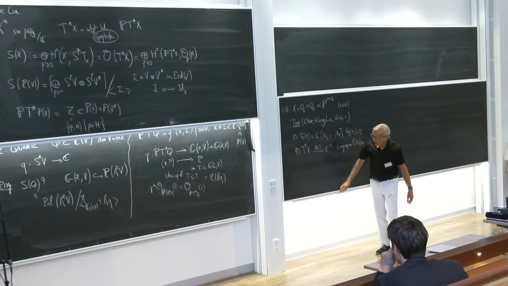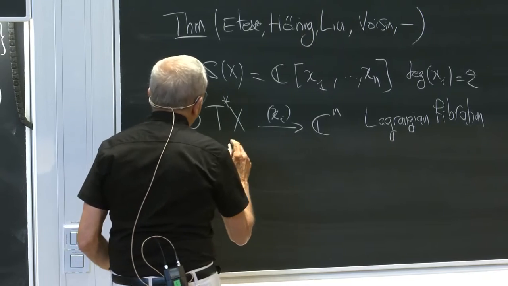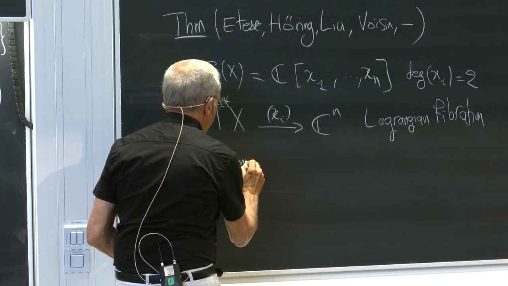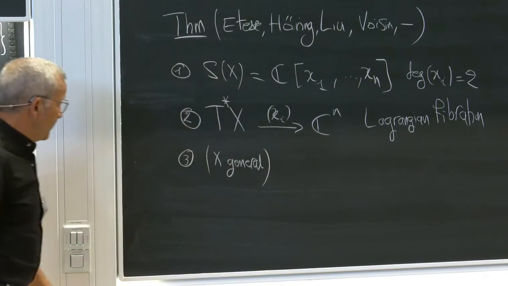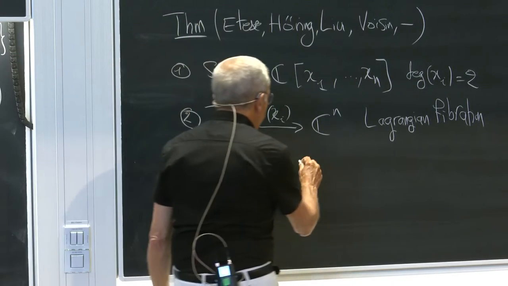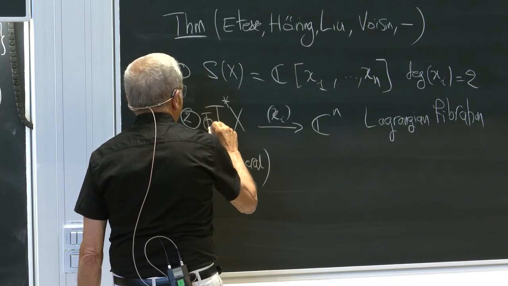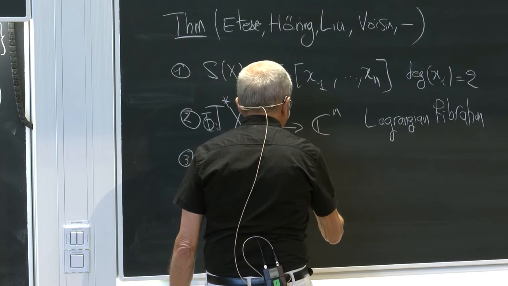And moreover, at least here I have to assume that x is sufficiently general in the quadrics here. The general fiber, or I should maybe give a name to this, this is phi minus 1.